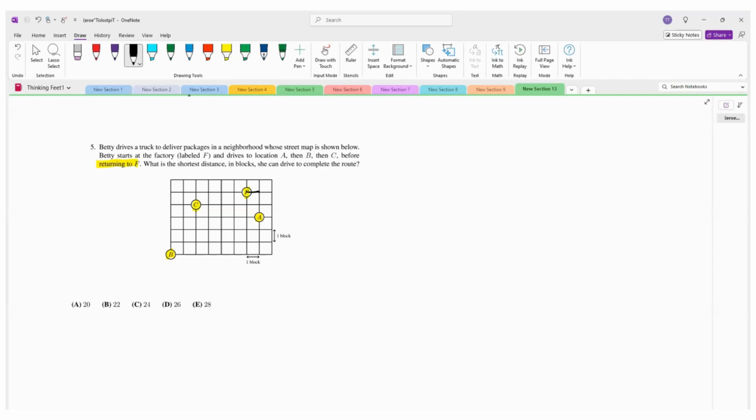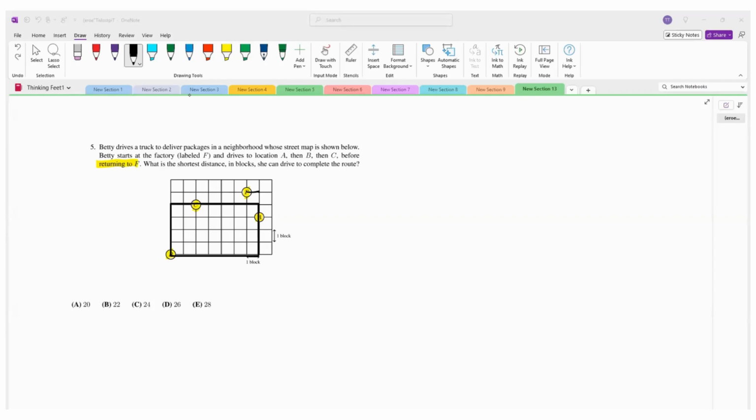So I'm going to count while I'm drawing. 1, 2, 3, 4, 5, 6, 7, 8, 9, 10, 11, 12, 13, 14, 15, 16, 17, 18, 19, 20, 21, 22, 23, oops. I messed up the drawing a little bit. Let me see if I can fix it, if not, I'll restart.